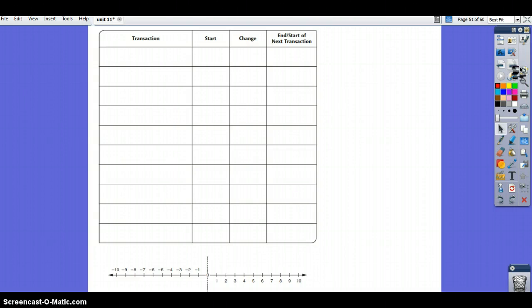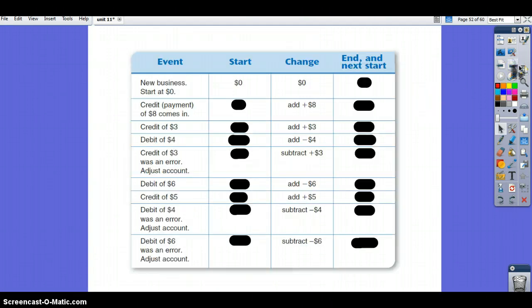Now a transaction, using money, starting with money and trying to figure out where to go with this. This is the type of paper we used when we did a bank statement. So here's the information you're going to use. You're new at the business, so you need to start at $0. If you start at 0 and your change is 0, your answer is still going to be 0.